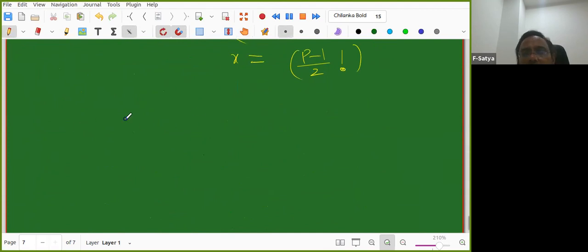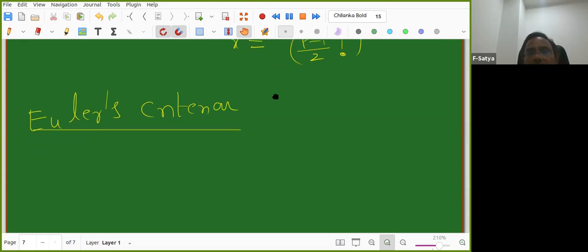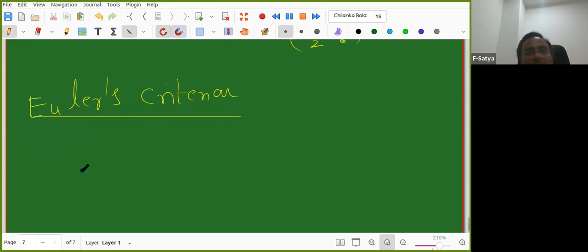Now we will go to one of the main results. That is what we call Euler's criterion. I'll go a little slow. Okay, this is very, very useful.